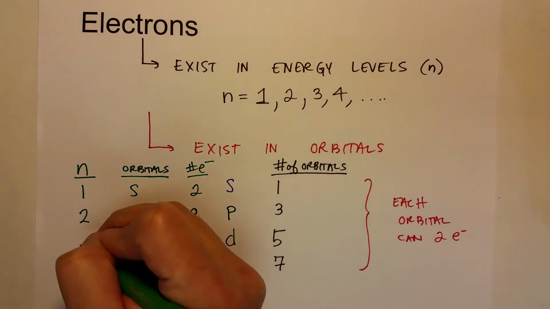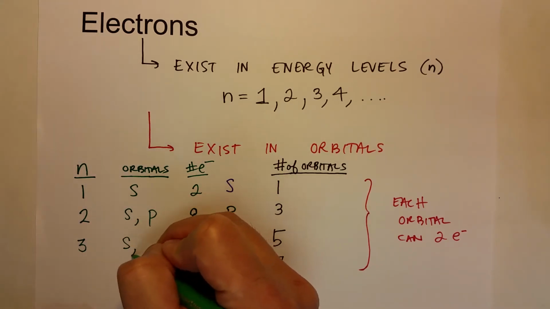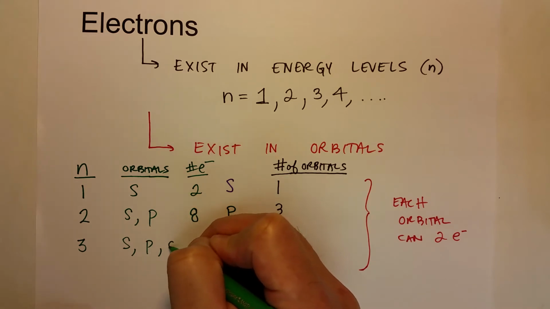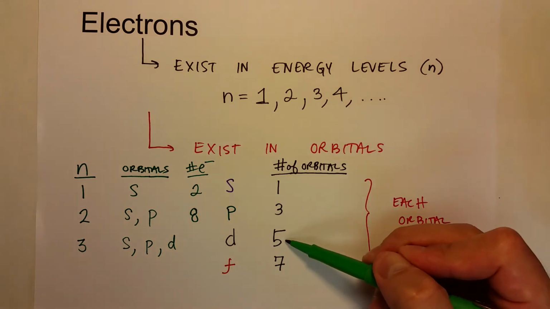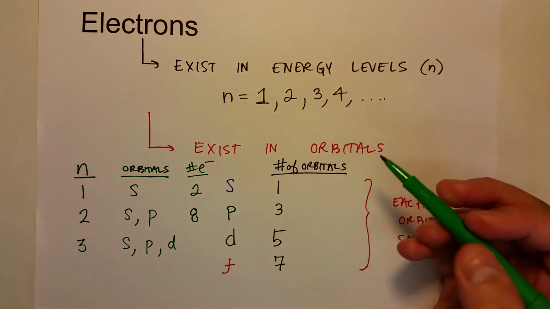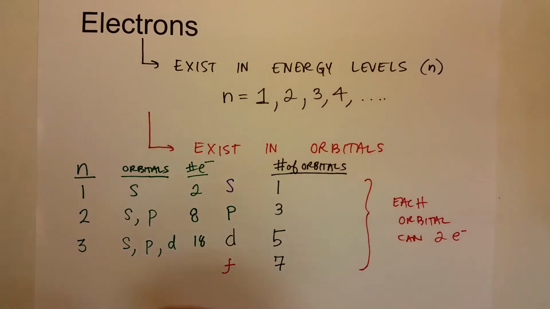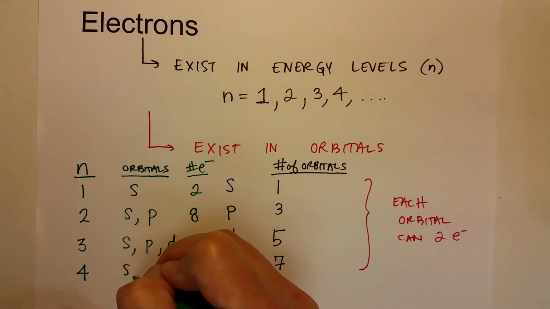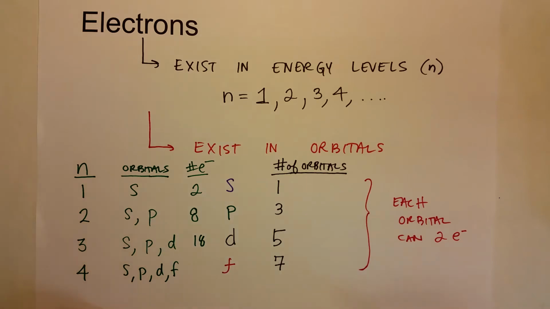And then the third energy level has s, p, and d orbitals. And then again, 2 electrons in each orbital for a total of 10, 6, and then 18. And then finally, n equals 4 can have s, p, d, and f orbitals.